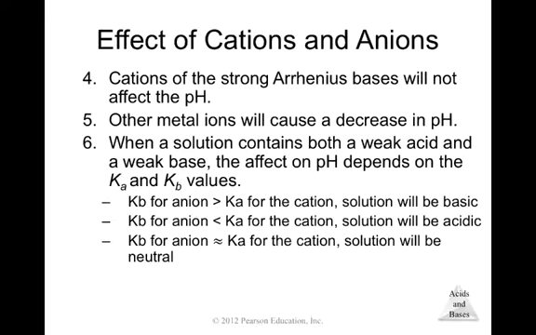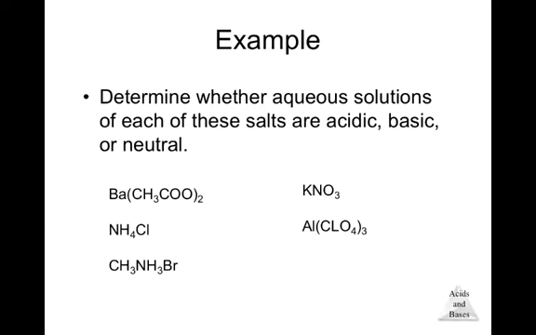So let's try a couple of these. Determine whether aqueous solutions of each of these salts are acidic, basic, or neutral. So this guy here, what do you think about this one? If you look at it, hopefully this is starting to look a little bit familiar to you. Maybe it looks like acetic acid, and that's basically what that is, except we've got barium over here instead. And so when this dissociates in water, what are you going to get?